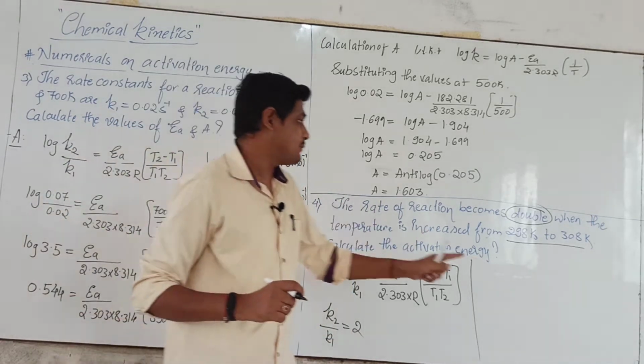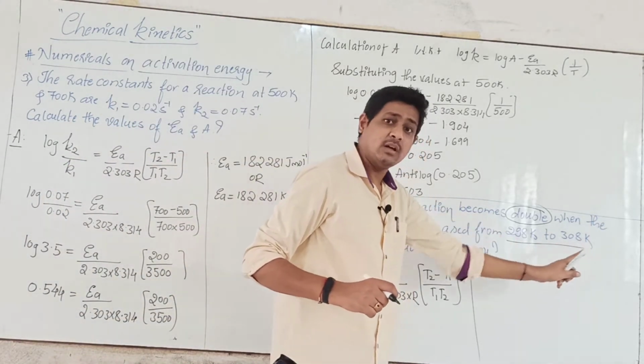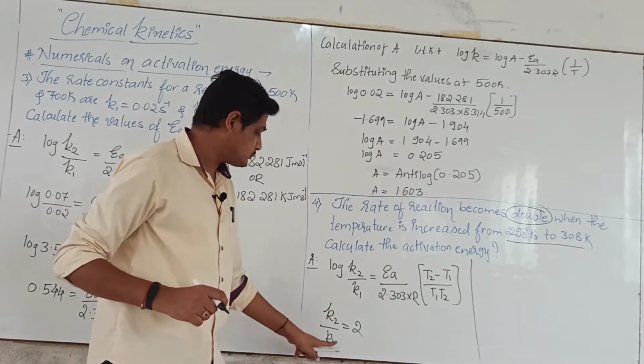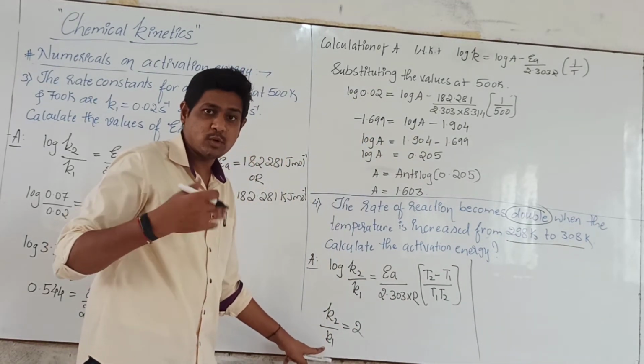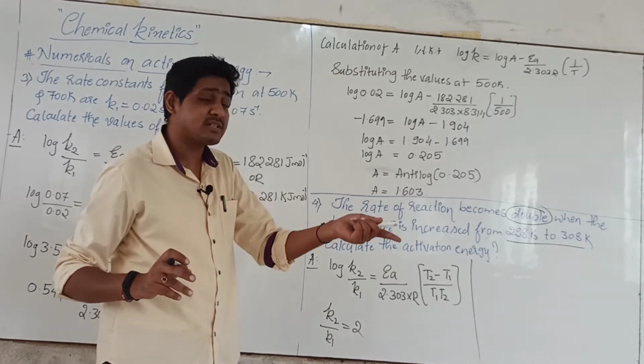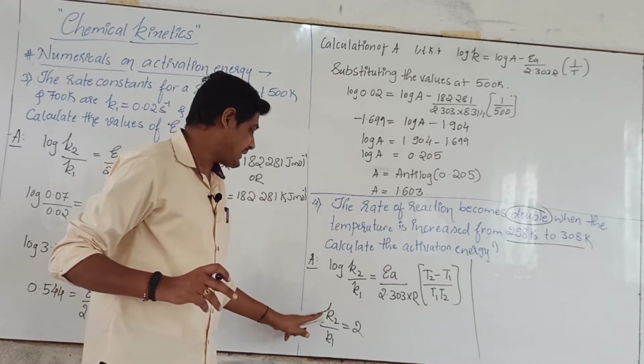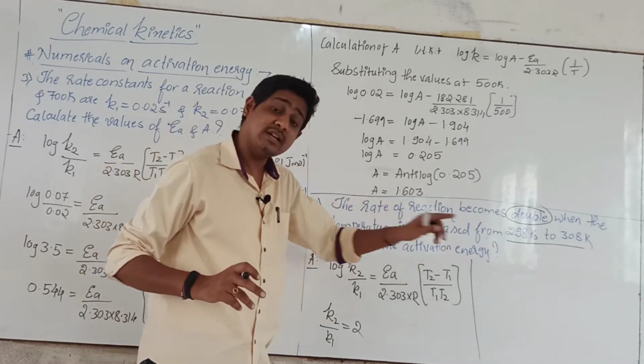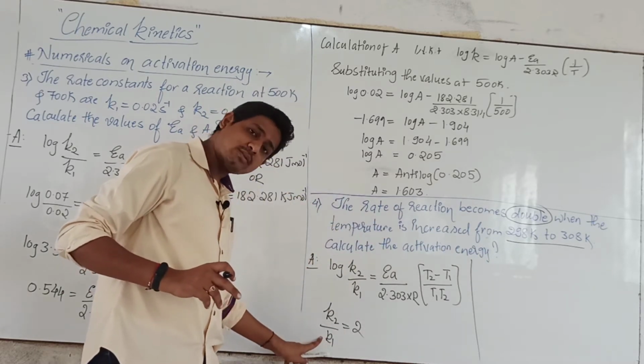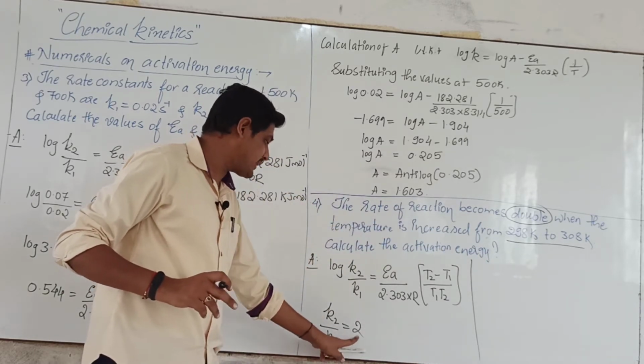When the temperature becomes 308 Kelvin, K2 will become 2 times K1. I hope you are understanding it. When the temperature is increased by 10 degrees Celsius, the rate constant at 308 Kelvin is 2 times the first rate constant. So the K2 by K1 value will become 2.